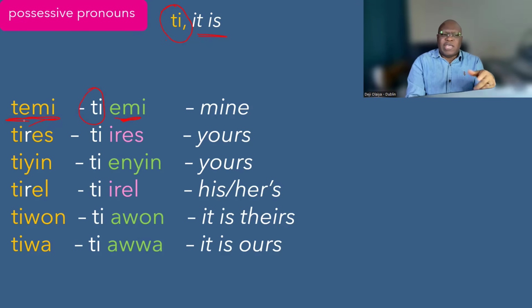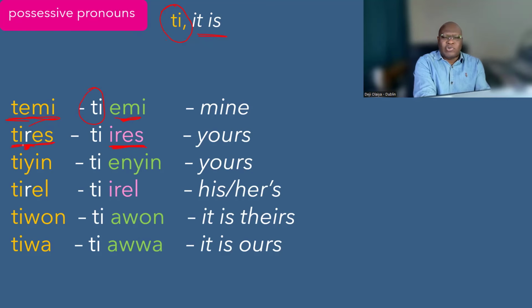And if you want to say it is yours, you use a different word, which is ire. So when you say ti, ire, yours. So that's why it's combined here. Now you can see that the R here in the middle is in white.